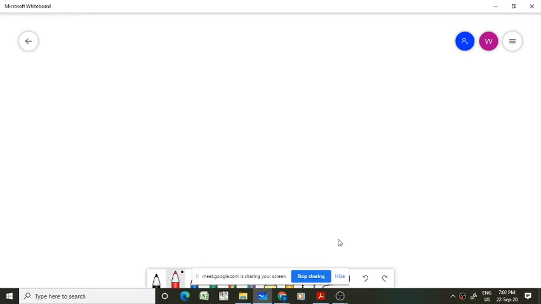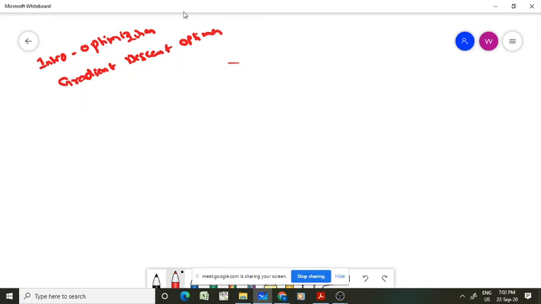So today, first we are going to discuss an introduction to optimization, and later we are going to discuss the gradient descent optimization technique, or optimizer.